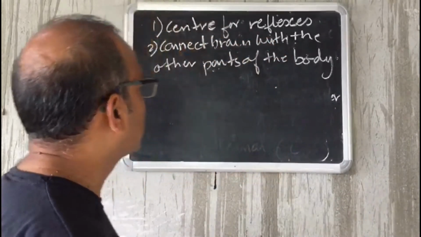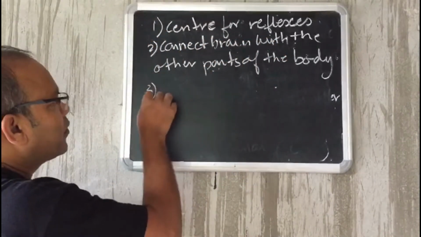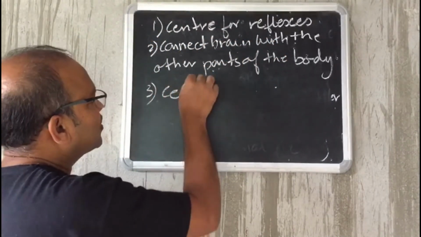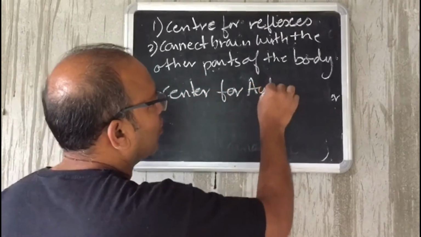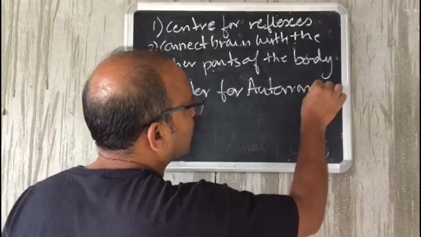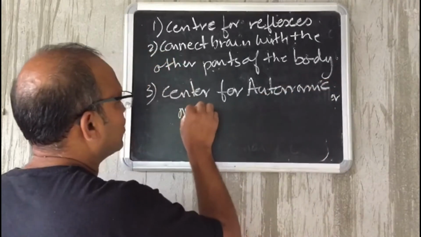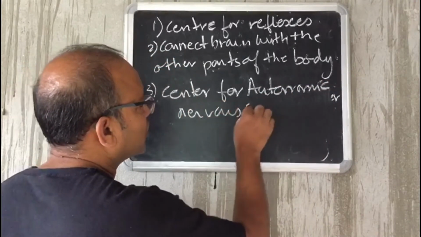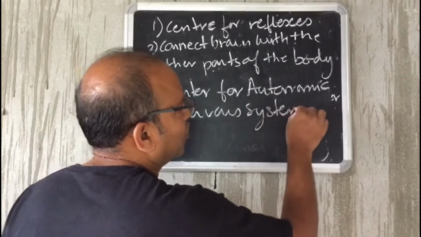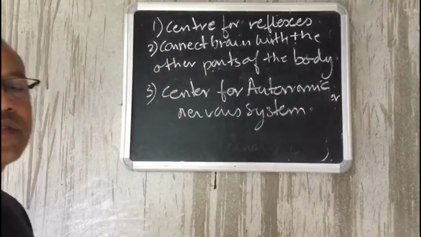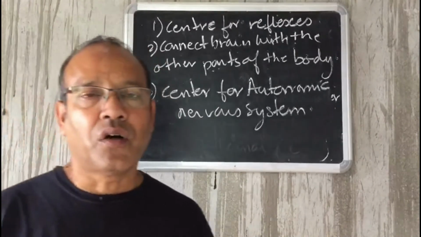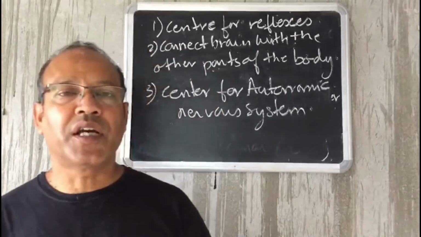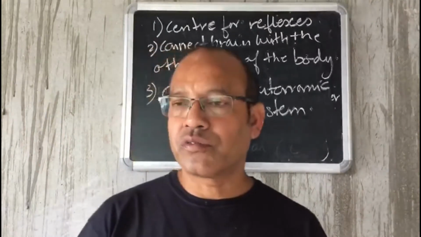The third important function of the spinal cord is it is the center for the autonomic nervous system. We have already talked about the autonomic nervous system, which works on its own. It is not under the control of the brain.